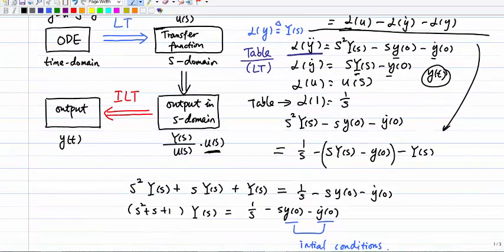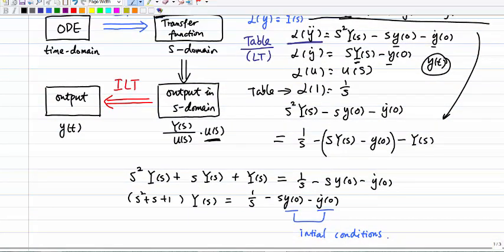When we do that, we can clean up a little bit. We put all the Y of s terms to the left, so I move this term and this term to the left.